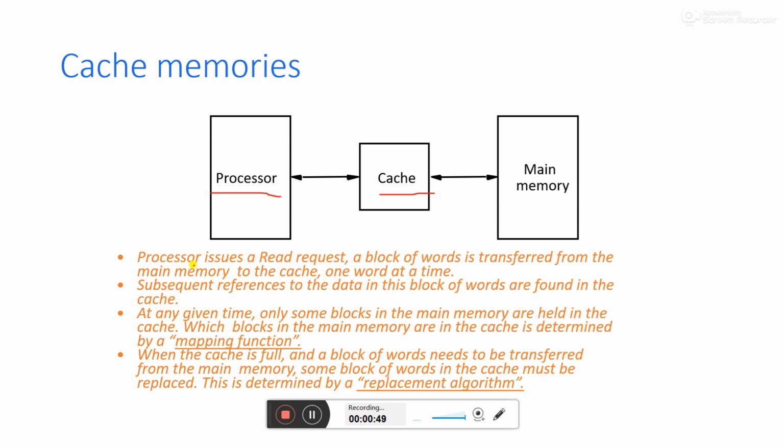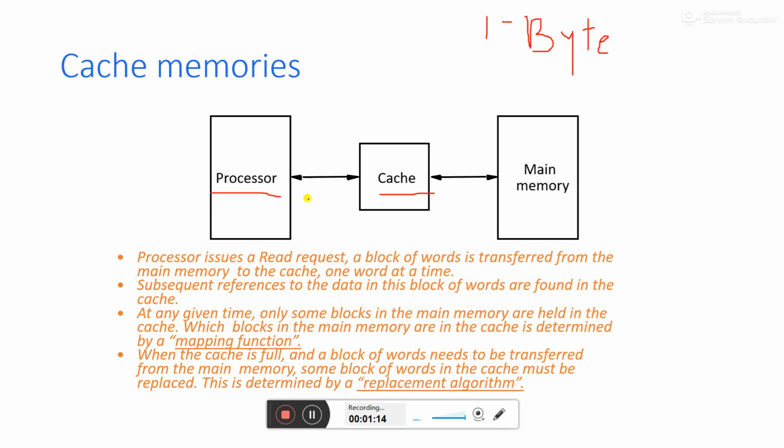The processor issues a read request, and a block of words is transferred from the main memory to the cache memory, one word at a time. One word may be 1 byte, or 16 bits, or any particular set of data in terms of multiples of bytes.